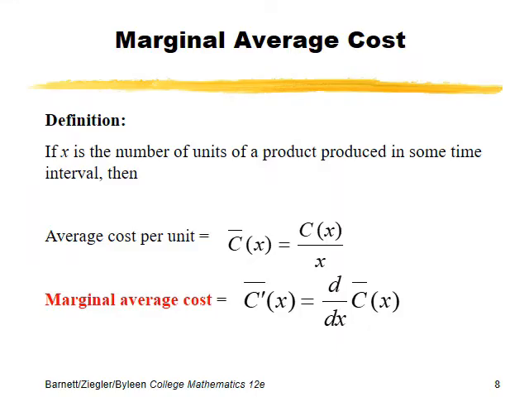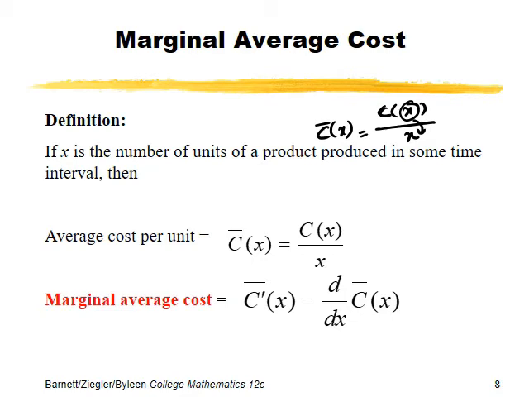Now after calculating marginal cost, there is another definition which is called marginal average cost. Whatever cost function is given, you first divide it by the variable which is involved in that function, x. So divide the whole function by x, you will get the average cost function.